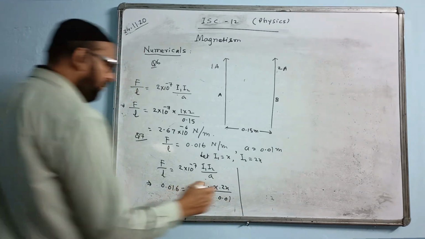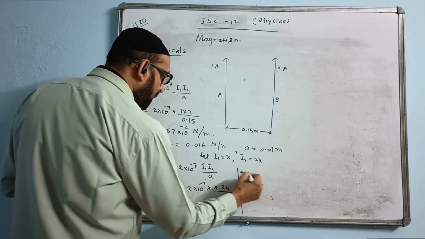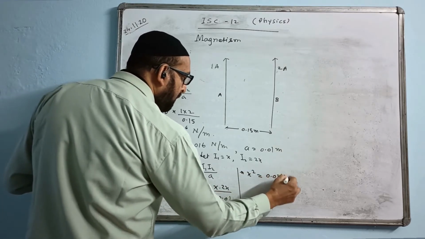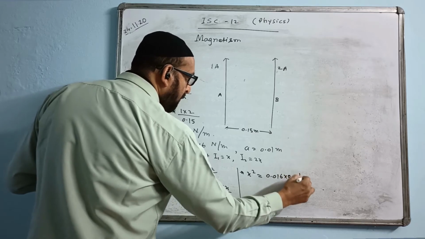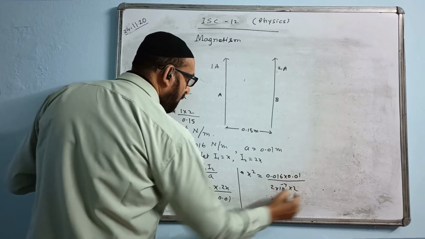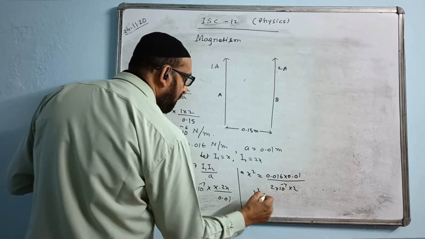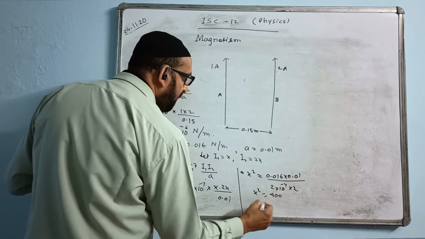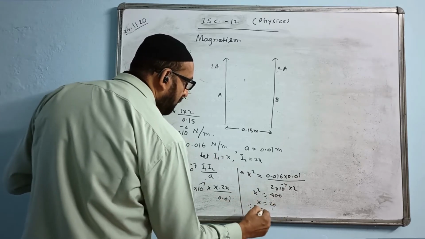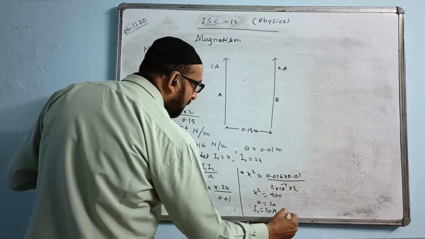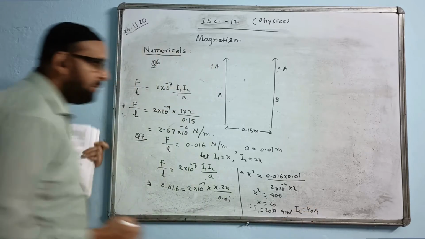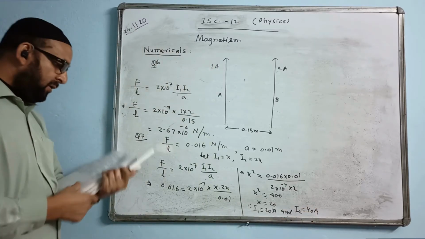Now we'll calculate the value of x square, cross multiplied. The x square value will come 400. Therefore the value of x is 20. Therefore I1 is equal to 20 ampere and I2 will come 40. You can verify the answer using a calculator.